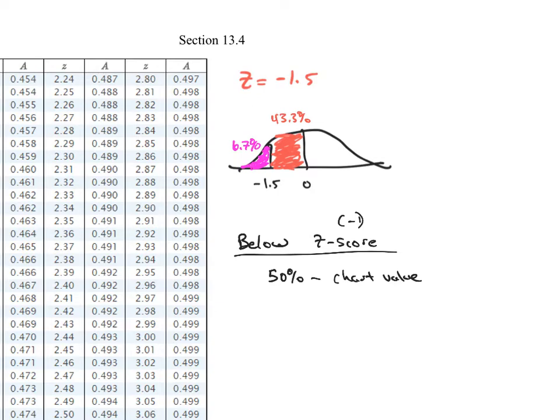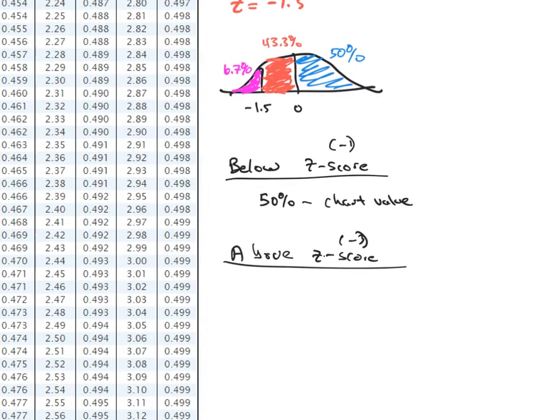And if I wanted to know how many scored above a z-score of negative 1.5, again, here's a z-score given to me, and the z-score is negative, what would I do? Well, if I wanted to find the amount above, remember this area over here is 50%, and that 43.3% was the chart value.